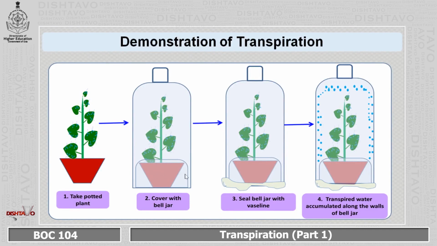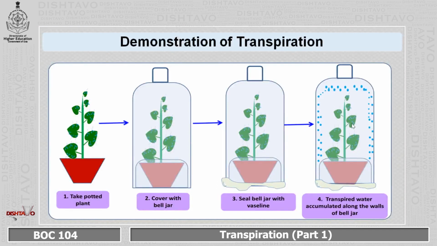After some time, you seal the glass jar with Vaseline so that an airtight situation is created. After some time, we see water molecules accumulated around the plant, which suggests that water has been released through the aerial parts of the plant. In this case, it is the leaves and small green tissues.